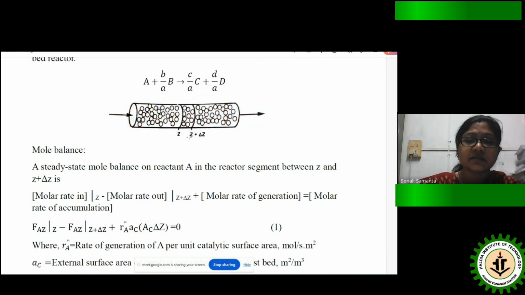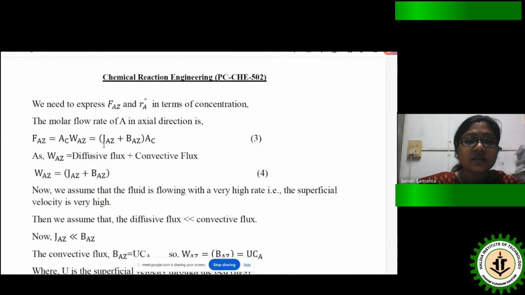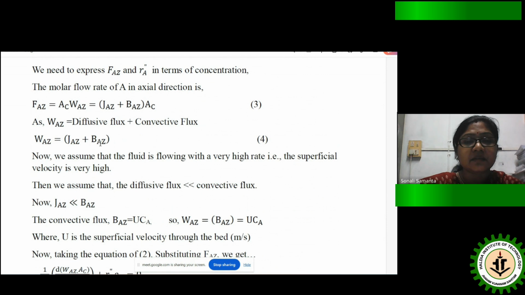So here, instead of considering these two fluxes, we just ignore the diffusive flux. So WAZ will be only BAZ. WAZ equals to nothing but BAZ.